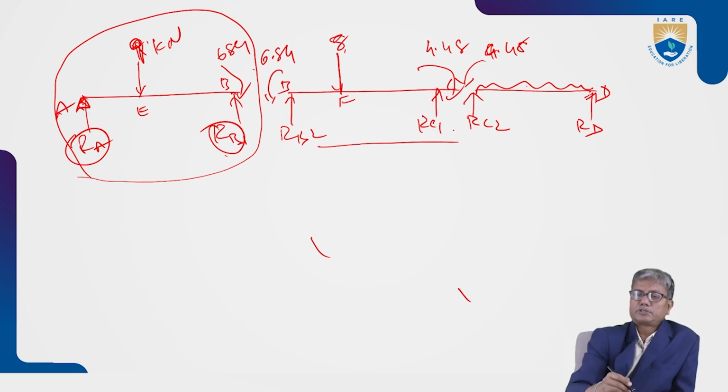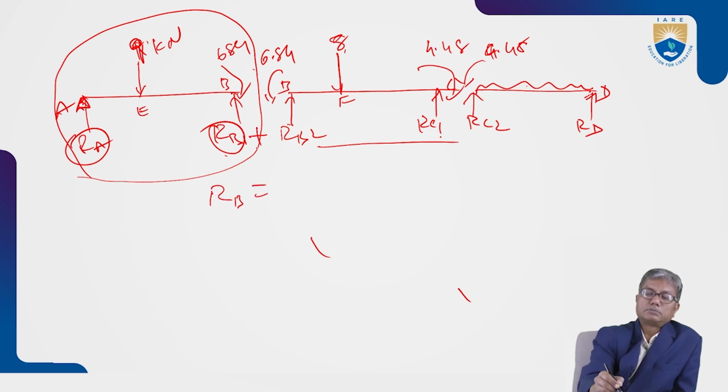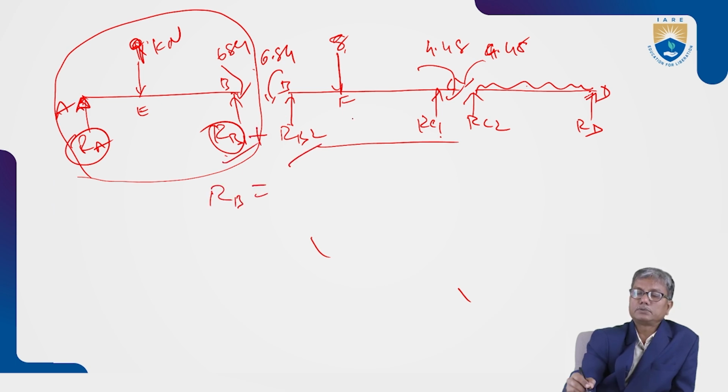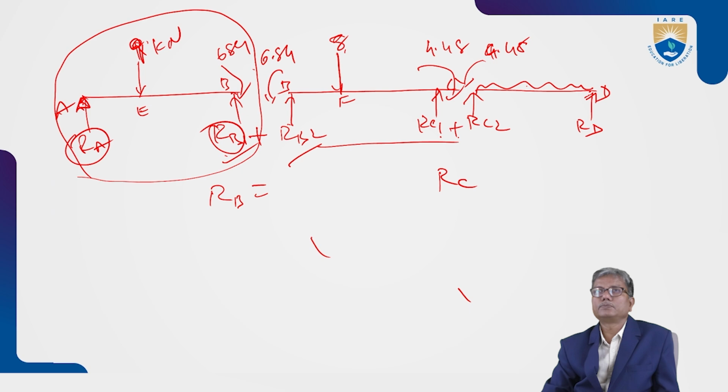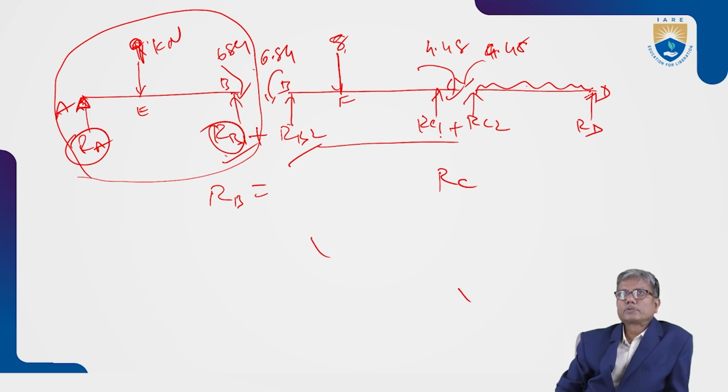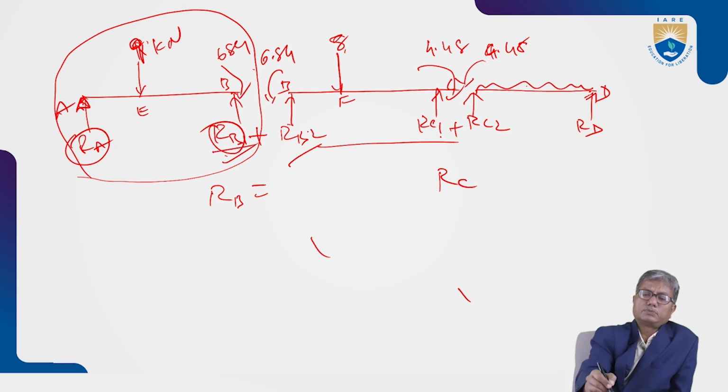Similarly, for this span, we get RB2 and RC1. The total reaction RB is the sum of RB1 and RB2. Similarly, the total reaction at RC is the sum of RC1 and RC2. We get the total reactions at the intermediate supports RB and RC by summing these up.